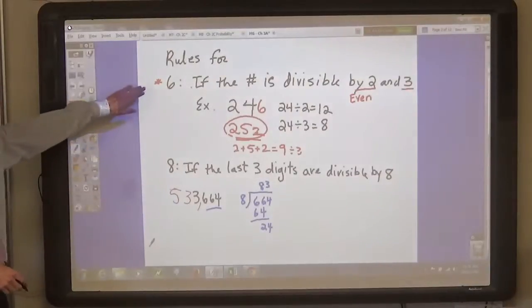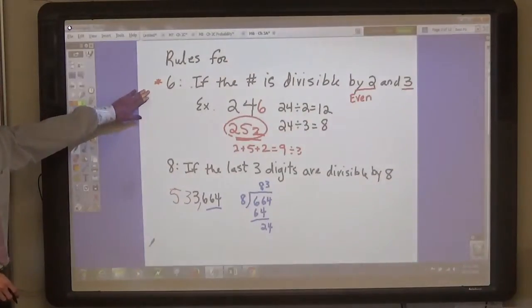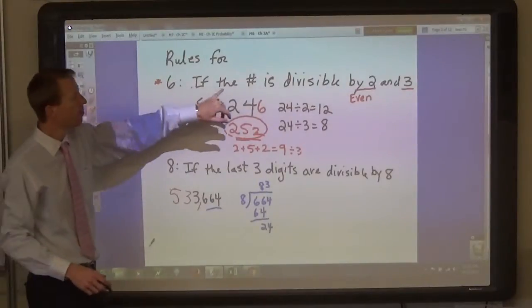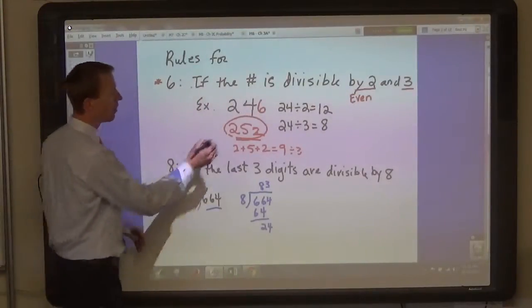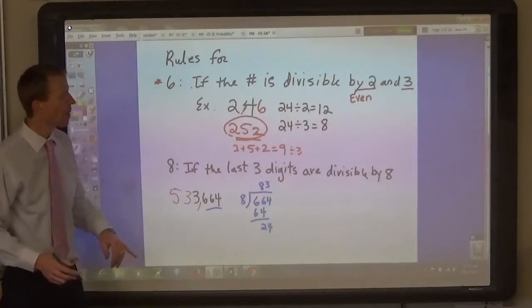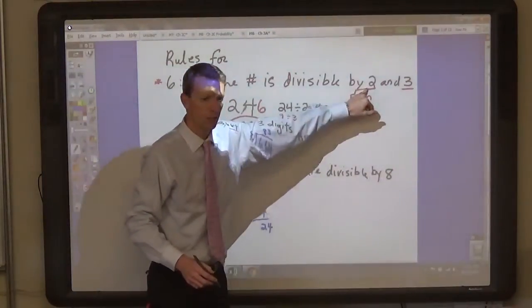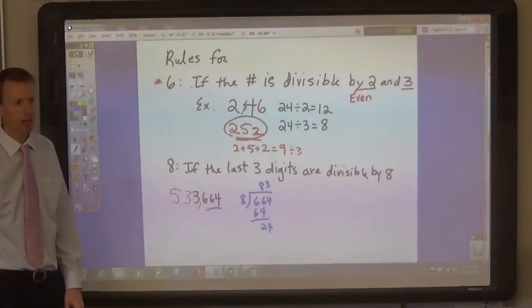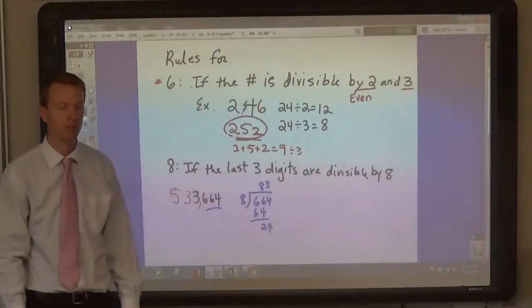Now let's go back to the rule for 6. The rule for 6 says if the number we're starting with is divisible by both 2 and 3, then the number is divisible by 6. So how would we check to see if it's divisible by 2?